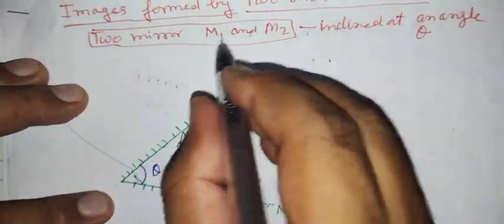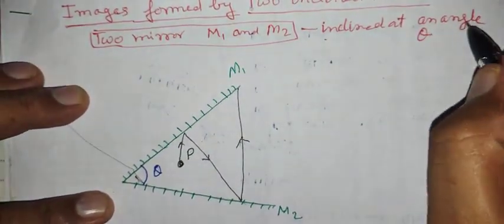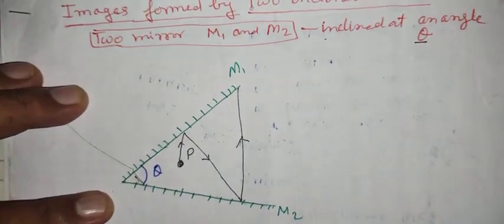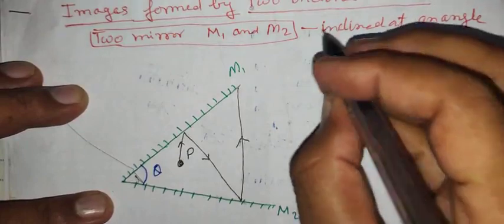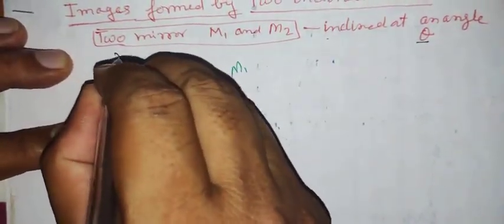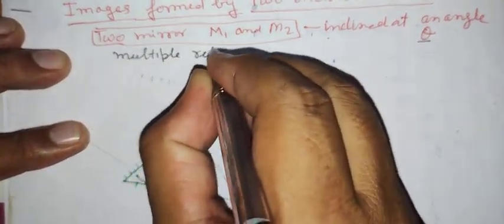When two mirrors M1 and M2 are inclined at an angle theta, then due to this arrangement, there is a process of multiple reflection.